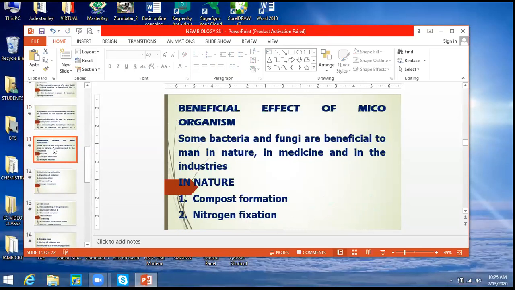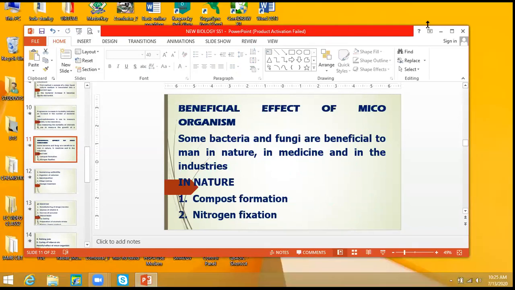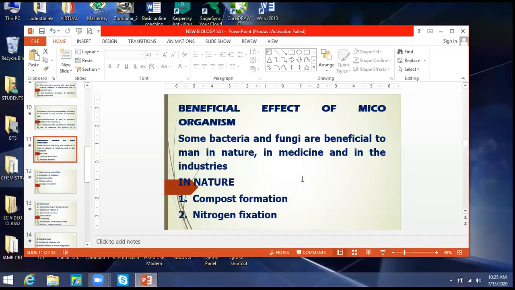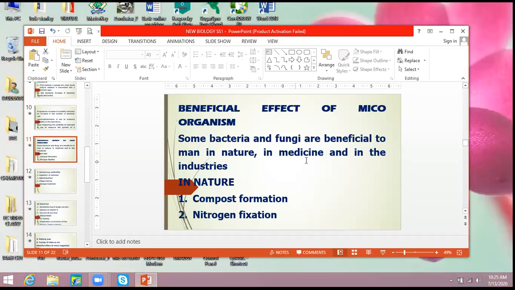Now I want to look at beneficial effects of microorganisms. Remember I said last week that some microorganisms are harmful, some are harmless. Now, these harmless microorganisms can be beneficial. Some bacteria and fungi are beneficial to man in nature, in medicine, and in the industries.